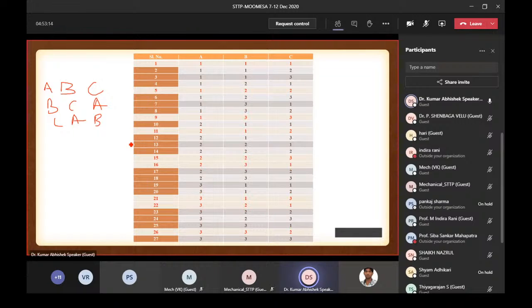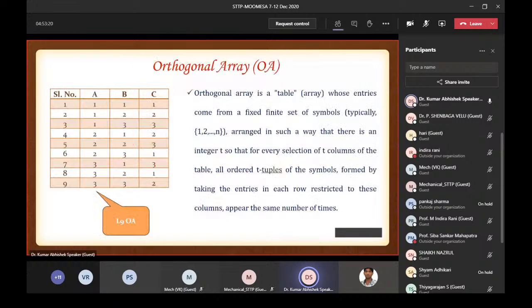So that's why if you go for the Taguchi approach, it is always mentioned as an L9 orthogonal array. That L comes from the lattice matrix.